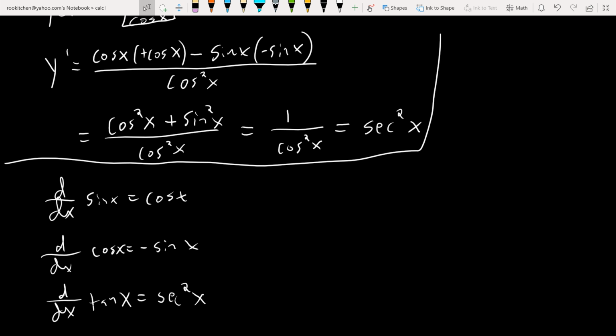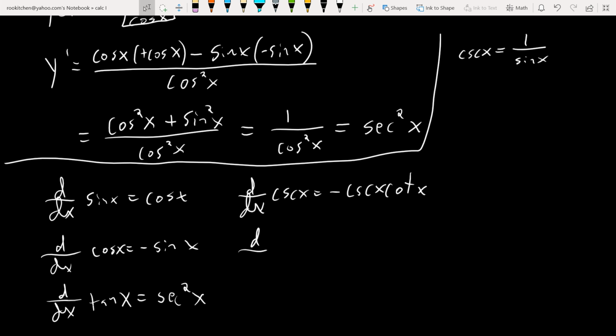So for cosecant x, that's the same as 1 all over sine x. Okay, so we can figure that out doing the quotient rule now. And if you go through the rigmarole, the derivative with respect to x of cosecant x is going to end up being negative cosecant x cotan x.